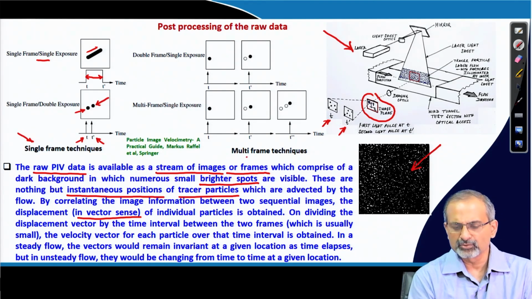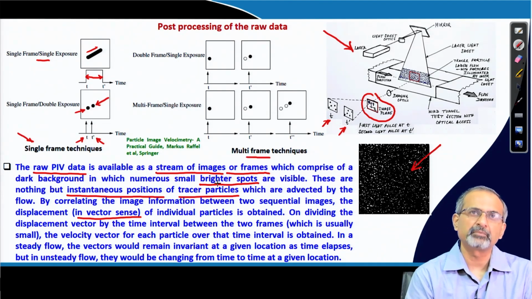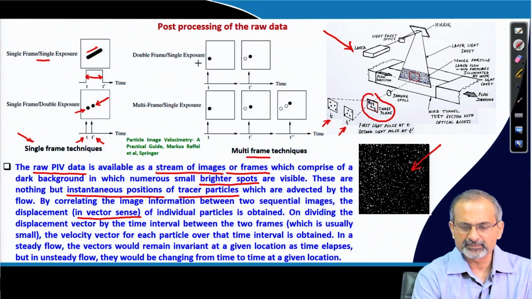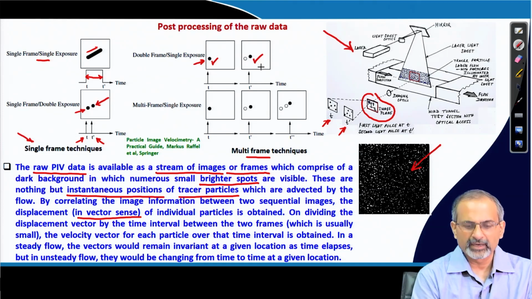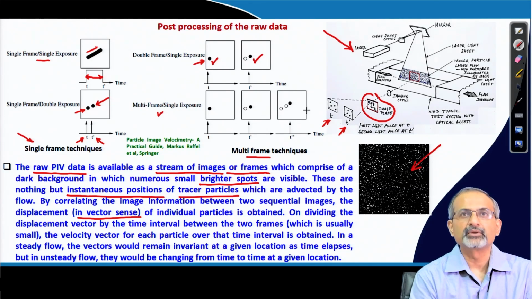On the other hand, you could use multiple frames and again look at the same particle. For example, here you have a double frame single exposure, where the same particle at t was here, and at t dash is observed over here. Again, in multiple frames you could have it like the way it is shown at the lower row.